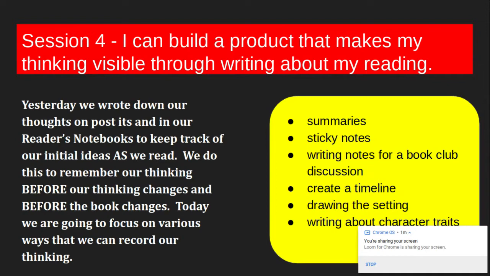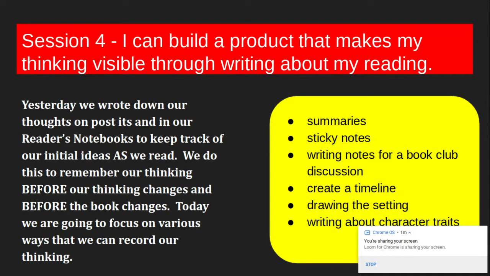We might create a timeline of the events in the order that they happen to show the chronological order of the story and the sequence of events in a story so that we don't forget them. We might draw the setting. Usually as we begin reading a book, we are introduced to the setting and the characters.